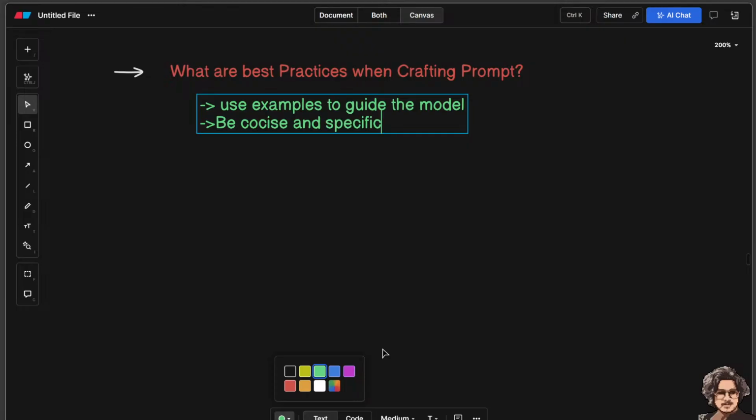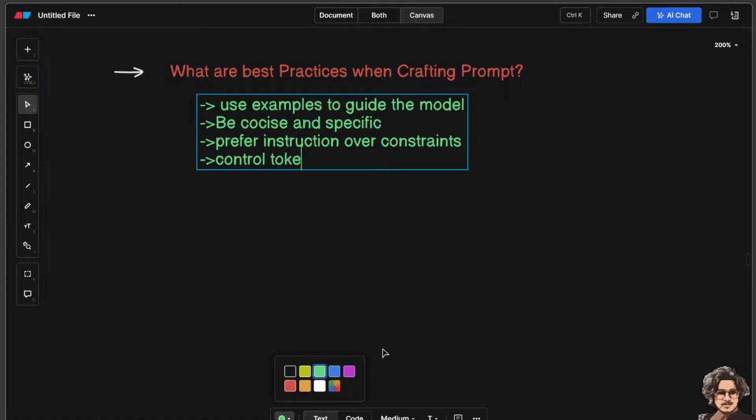Prefer instruction over constraints. And control the token length explicitly.